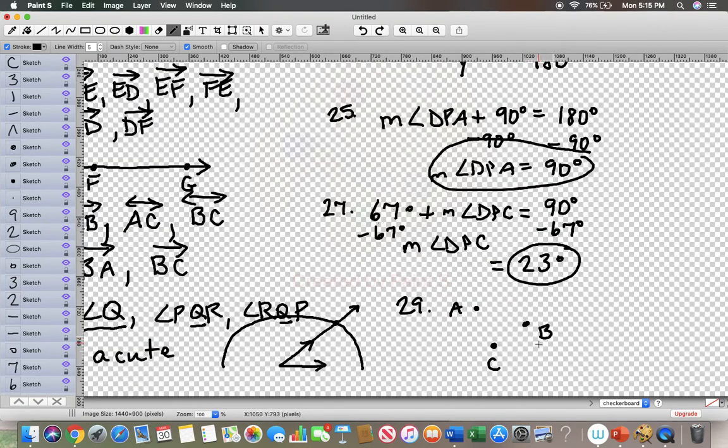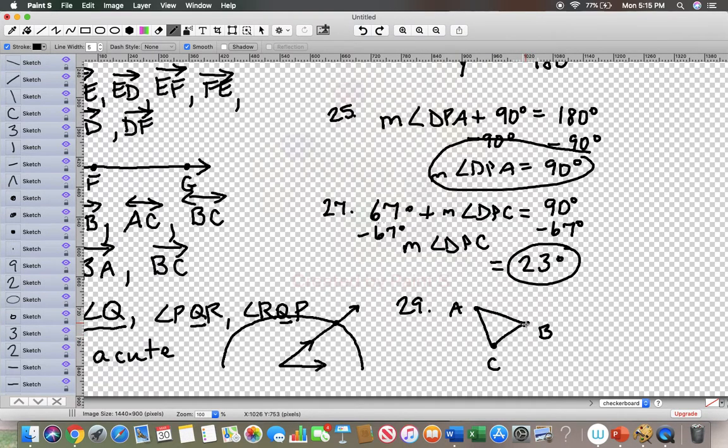Let's just review. I want to know how many lines I can draw through any two of these points without it being the same line. Well, I can draw a line from A to C. That's one line. I can draw a line from C to B. That's 2 lines. And I can draw a line from A to B. That's 3 lines that I've drawn.